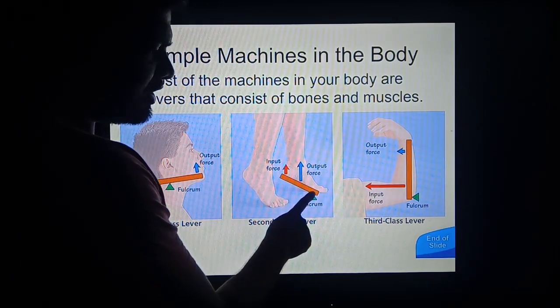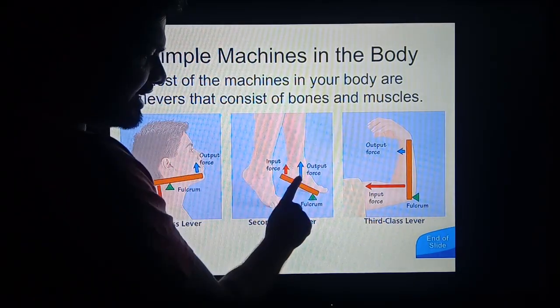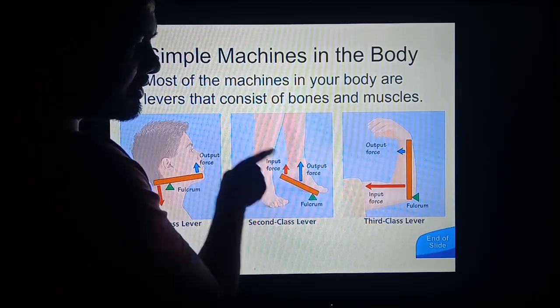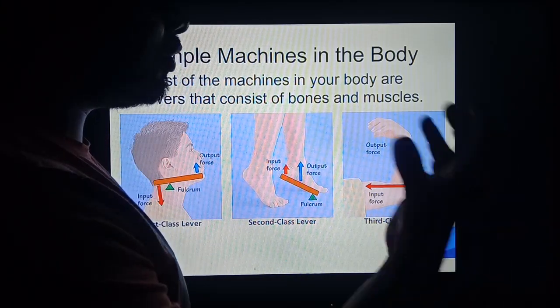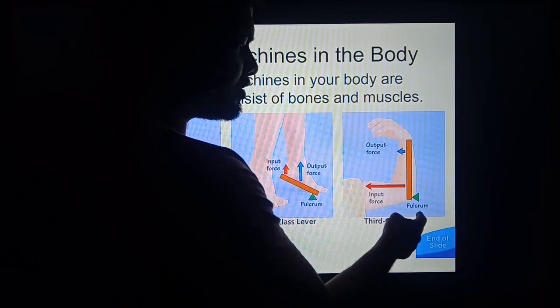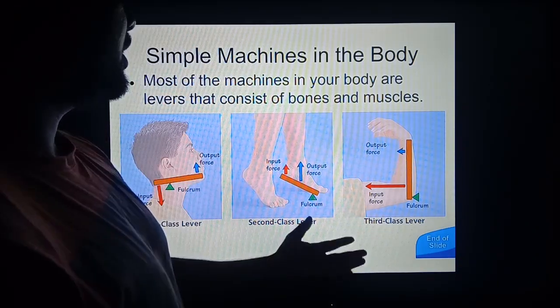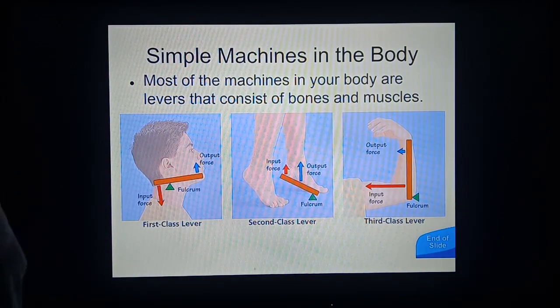This is fulcrum, this is the effort and this is load. The load of the body acts in the middle, and the effort is applied by the calves. Then third class of lever means lifting a body by your arm. These are the three types of lever in the human body which you have to learn.